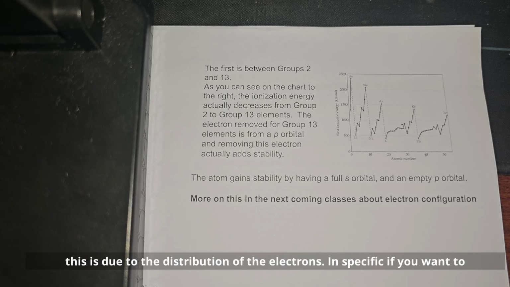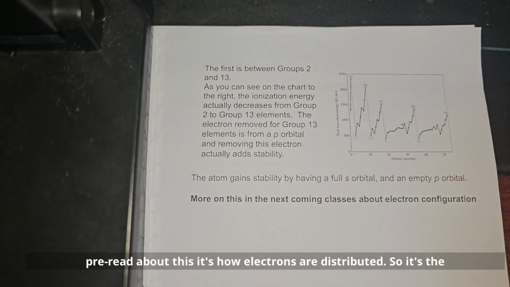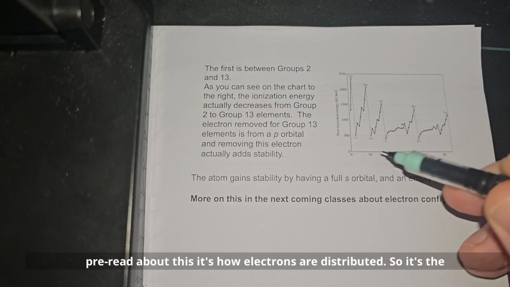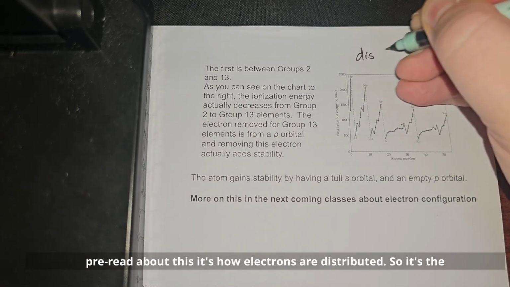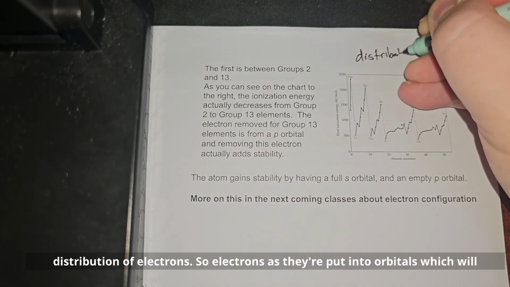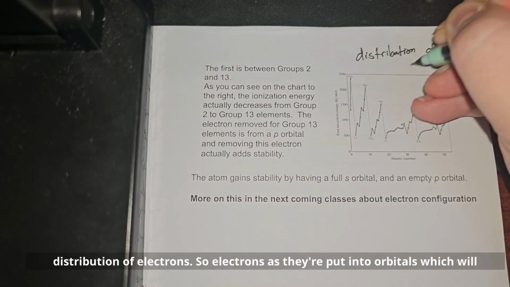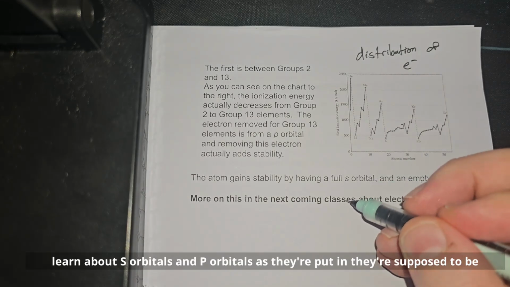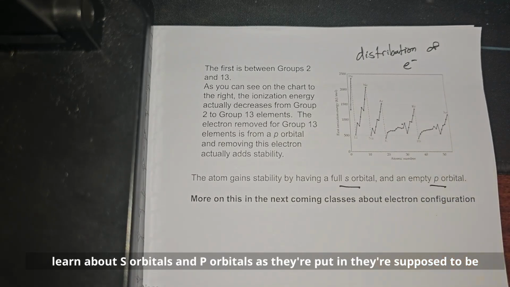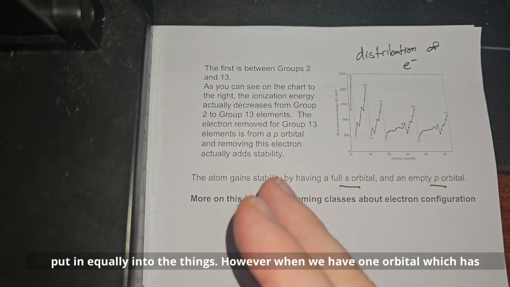This is due to the distribution of the electrons. If you want to pre-read about this, it's how electrons are distributed. So electrons, as they're put into orbitals, which we'll learn about, s orbitals and p orbitals, are supposed to be put in equally.